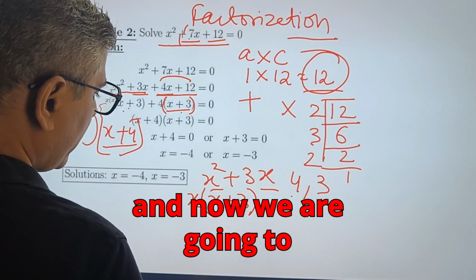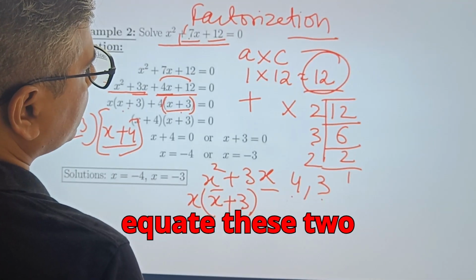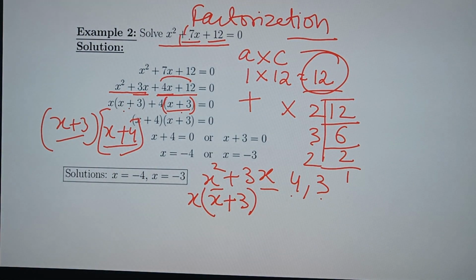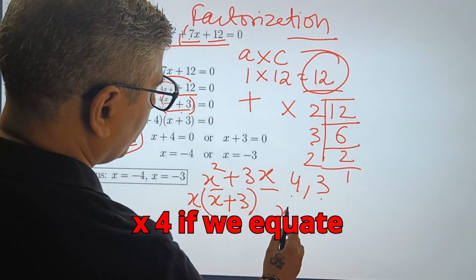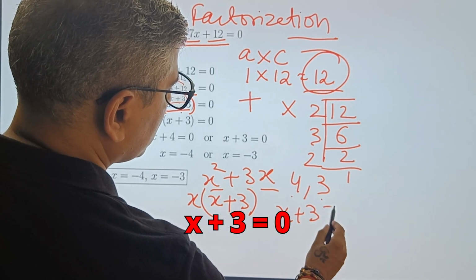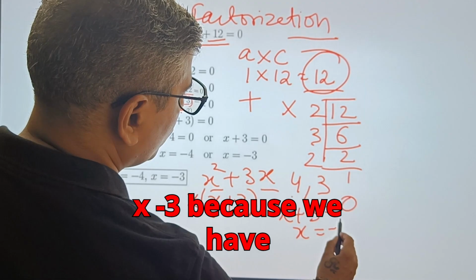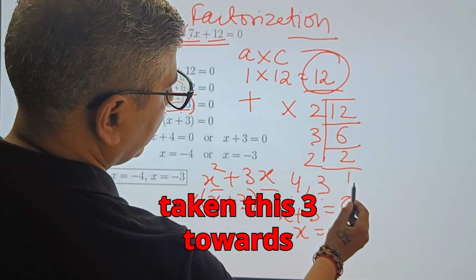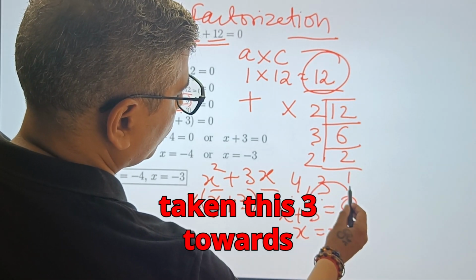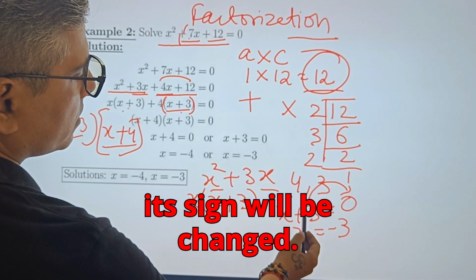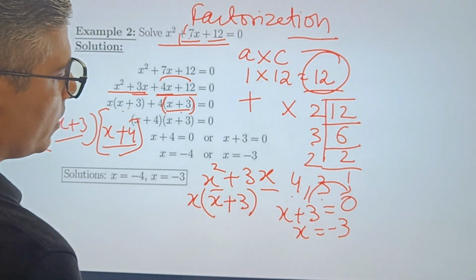And now we are going to equate these two factors, x plus 3 and x plus 4. If we equate x plus 3 equal to 0, we are going to get x equals minus 3, because we have taken this 3 towards the right side, and hence its sign will be changed.